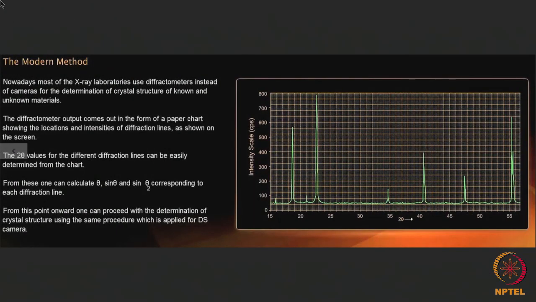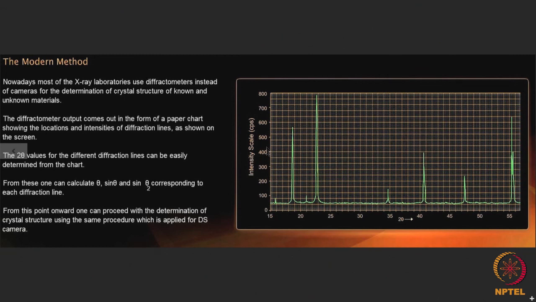Now, we talk about the modern method. You see, nowadays we use the X-ray diffractometer in most of the labs instead of the cameras for the determination of crystal structure of known and unknown materials. Now, diffractometer output comes out in the form of a paper chart showing the locations and intensities of diffraction lines as shown on the screen.